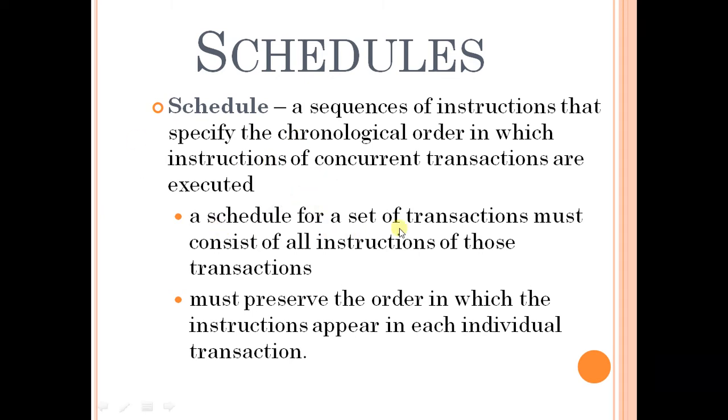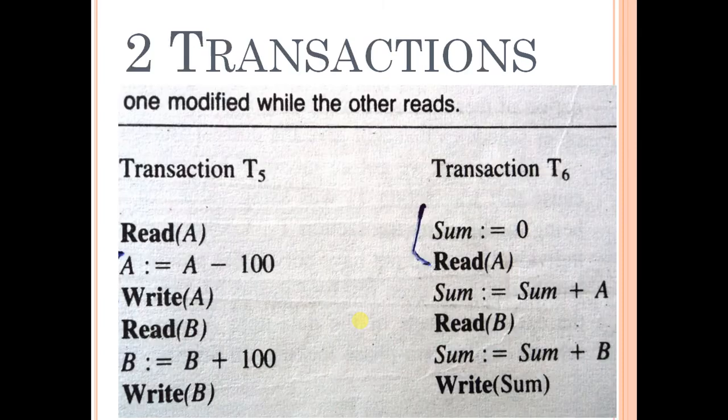A schedule for a set of transactions must consist of all instructions of those transactions, and you cannot change the order of individual transactions. It means that if here read B is coming after write A, you cannot change their individual order. So individual instructions of a transaction cannot be rescheduled.